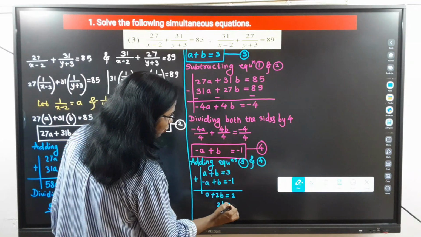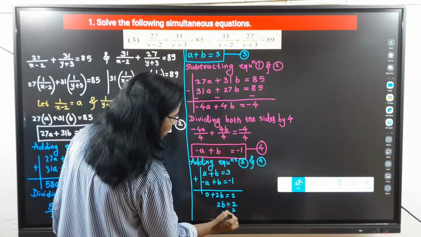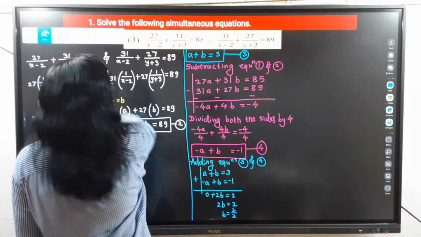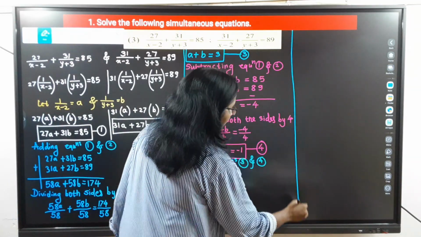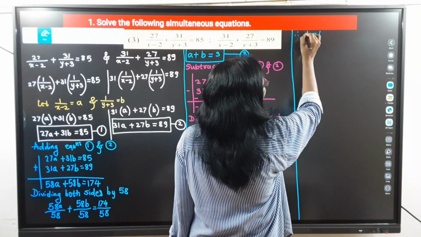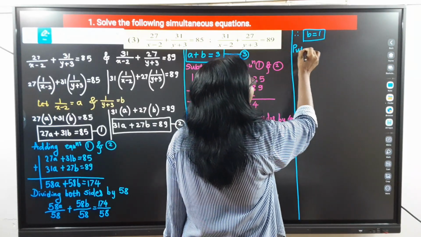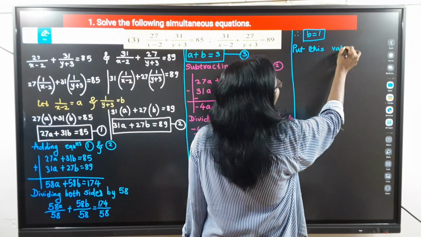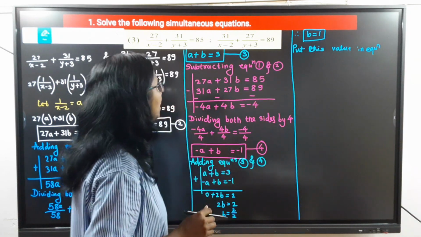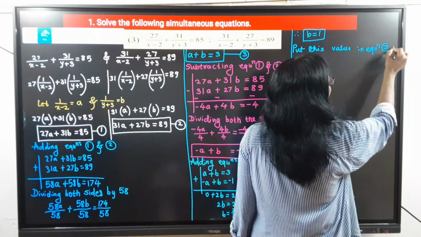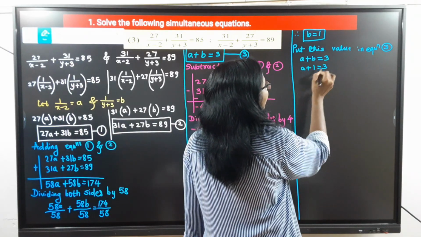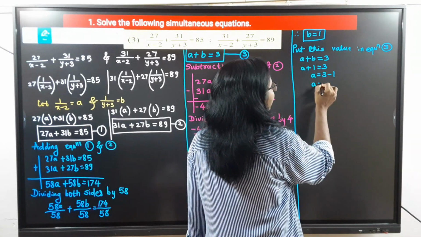So 2b is equal to 2, so b is equal to 2 upon 2, which is equal to 1. Now put this value in equation 3. The third equation is a plus b is equal to 3. Therefore a plus 1 is equal to 3. So a is equal to 3 minus 1, so a is equal to 2.